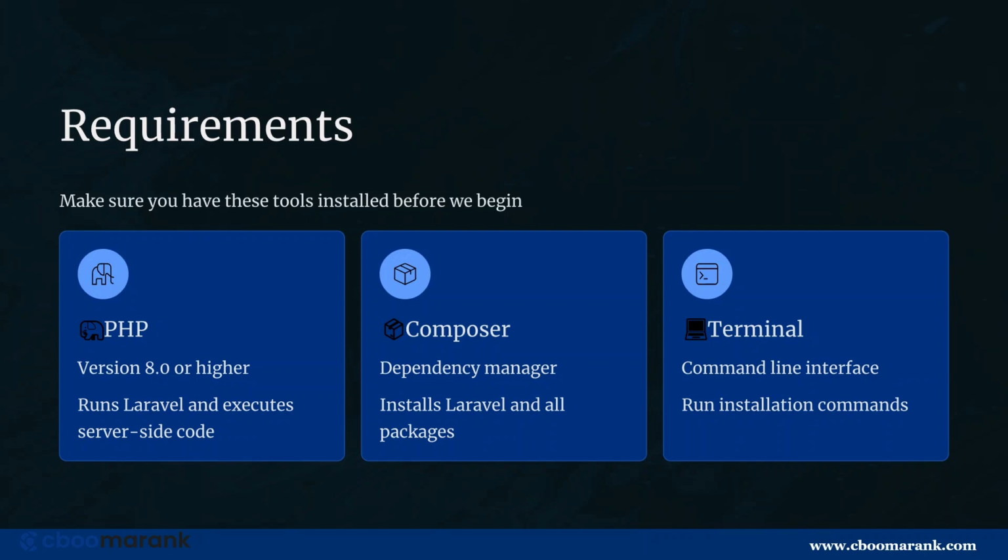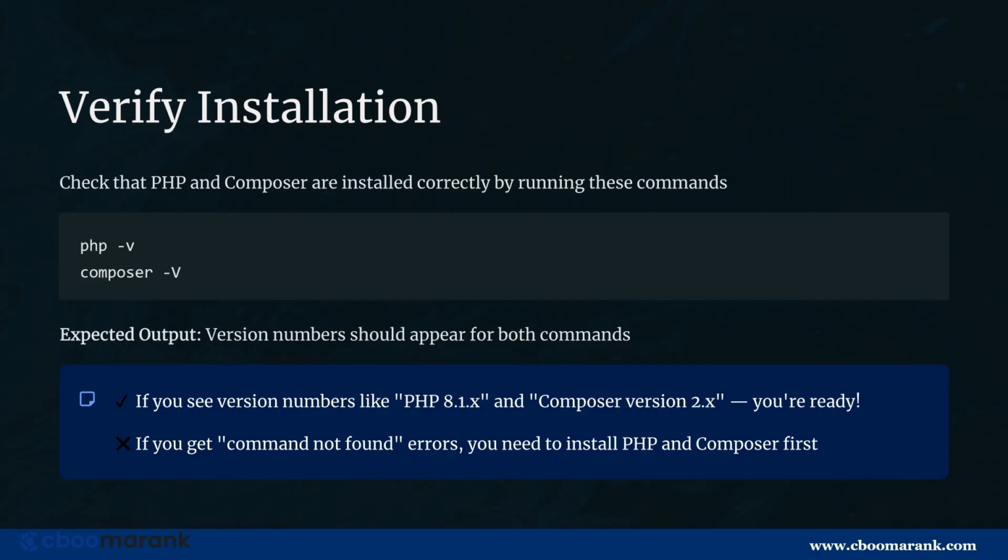Then we will use a terminal or command line interface to run installation commands, run migrations, and run everything. We use Git, Visual Studio, or some other terminal mechanisms. So now let us directly move to the installation steps of Laravel.